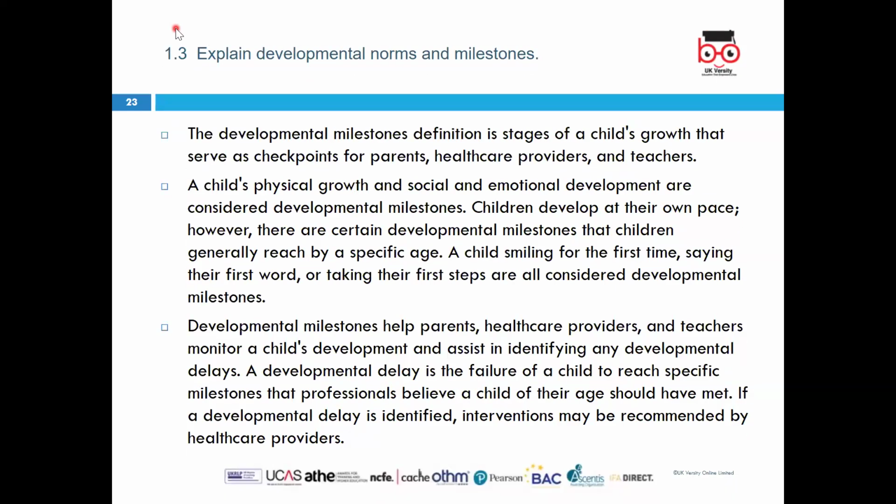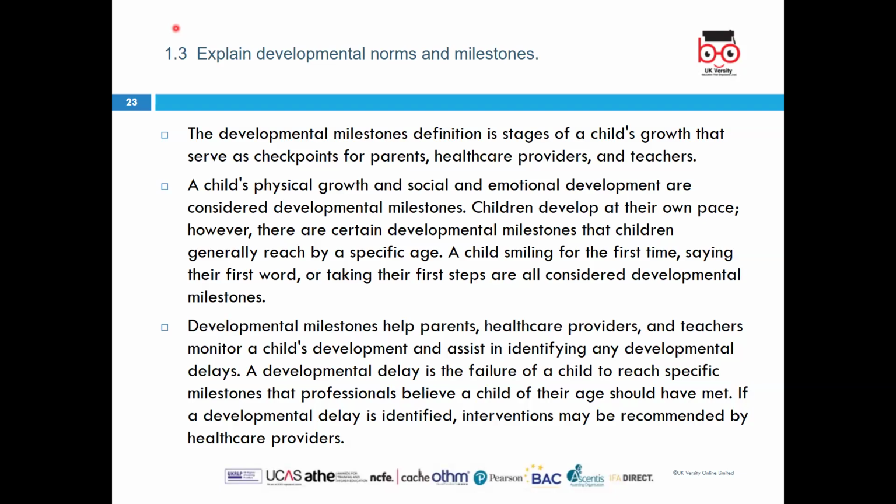So here we're talking about normal developmental norms and milestones. We talked a bit about them. This is why I shared that chart with you. When a child grows, their physical growth, their social growth, and their emotional growth are all considered developmental milestones. Children will develop at their own pace, as I said earlier.